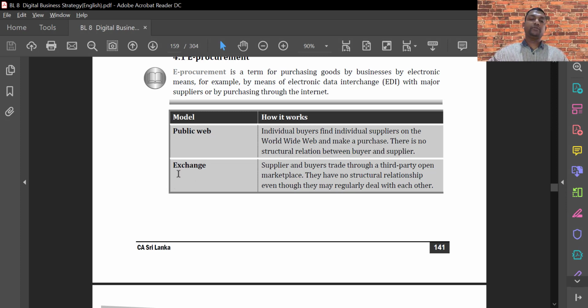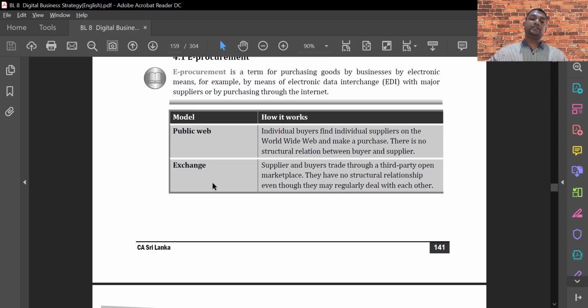And there's another type of model we can think of, the exchange model, right? So this model is a little bit more on the private side of the public web, where the suppliers and the buyers use a third-party marketplace, but still there's no relationship between the supplier and the buyers.